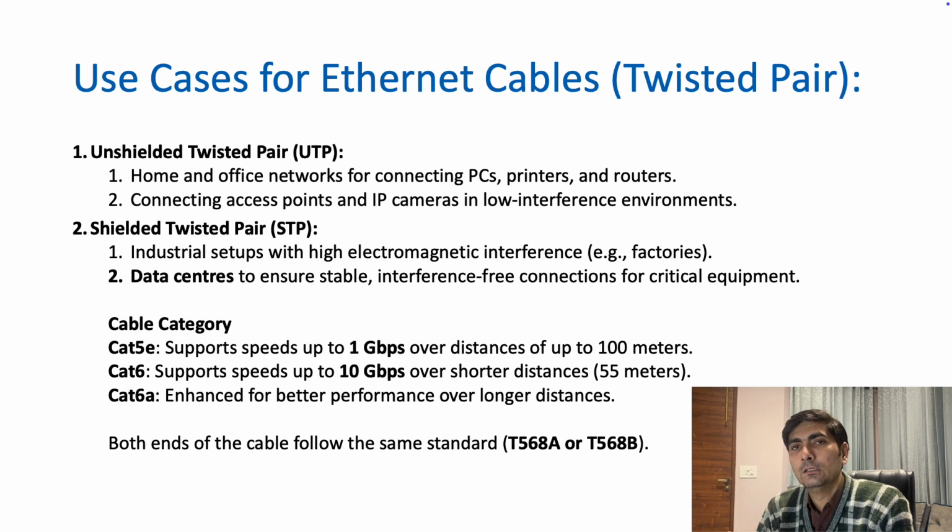But when you connect 2 workstations directly without using any switch, then you need to use a cross cable. Cross means the cable on one end, if it is on pin 1, then on the other end it will be on pin 3.